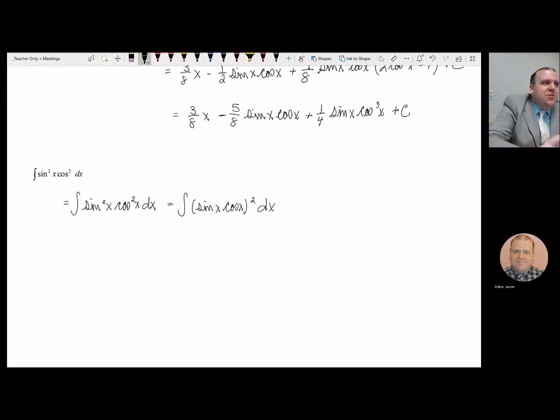Right, so sine squared times cosine squared would be the same as sine times cosine all squared, right? If sine of 2x is 2 times sine times cosine, then wouldn't sine times cosine be half sine of 2x?